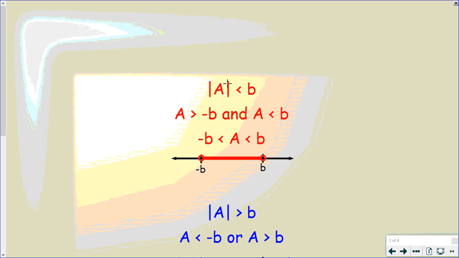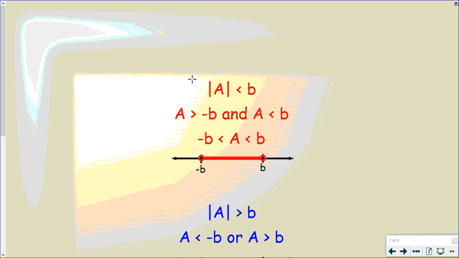So let's move on to the absolute value. This says the absolute value of A is less than B. What's important here is to remember that absolute value means a number's distance from 0 on a number line. So I'm going to write a statement here because it will help you understand what's going on.